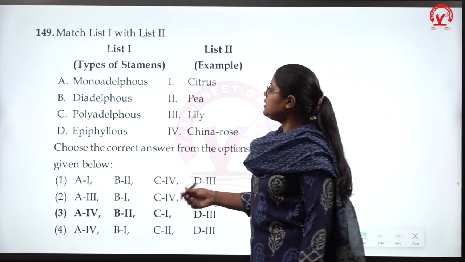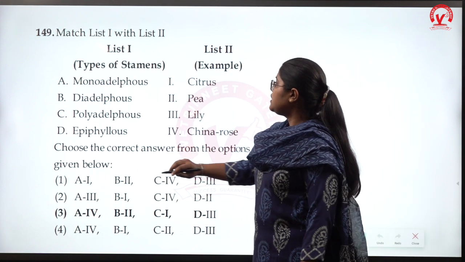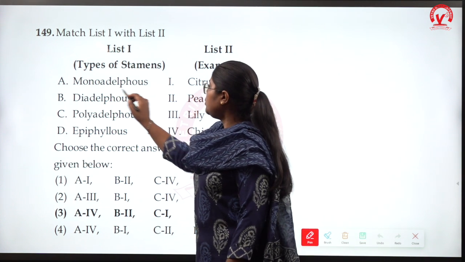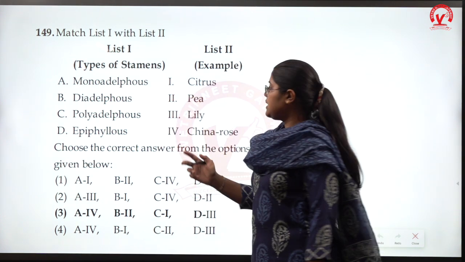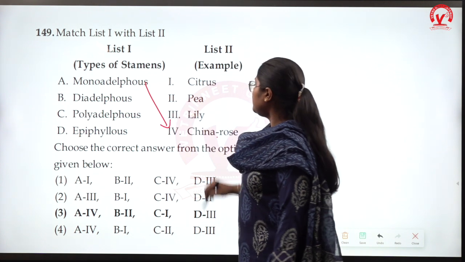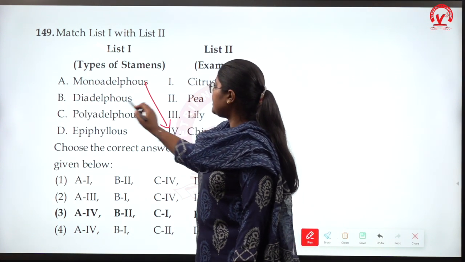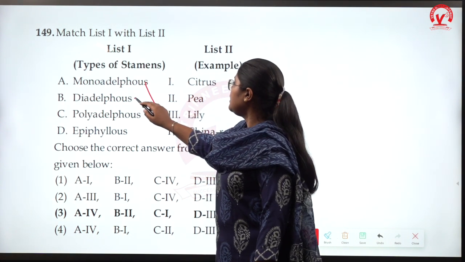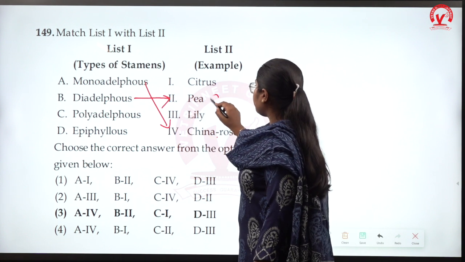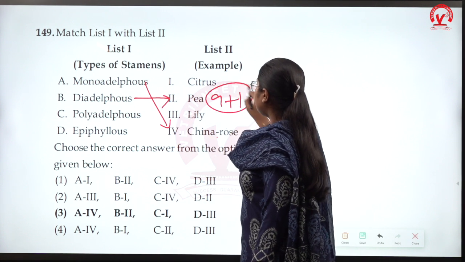So next question, on one side they have given the type of stamens and on the other side its example. Monodelphous, a single bunch of stamens, is the example for China rose. Next, diadelphous is two bunches of stamens, that is pea, with 9 plus 1 stamens.